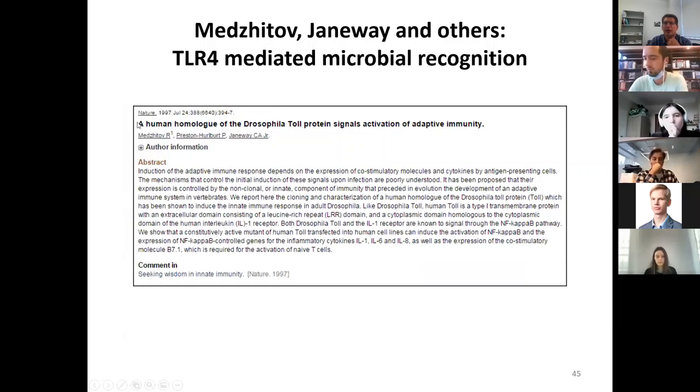And here is the paper from Janeway's lab that reports the discovery of the toll-like TLR4 signaling receptor that recognizes the LPS. You can see that they discovered a homologue of the particular protein from Drosophila, which is able to activate the immune response, particularly by antigen-presenting cells, by the macrophages.